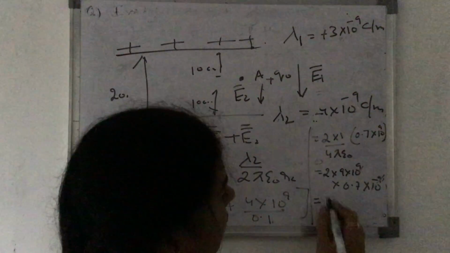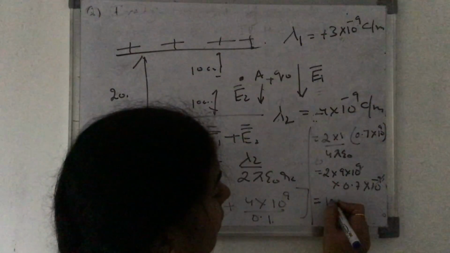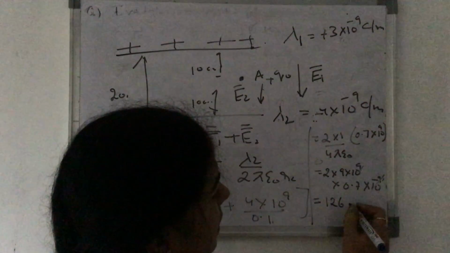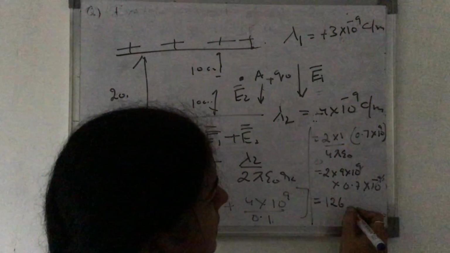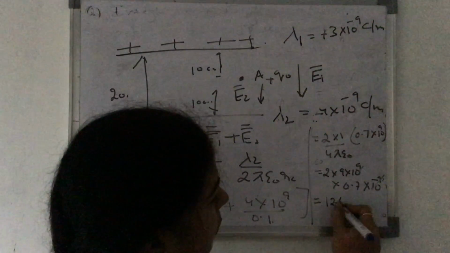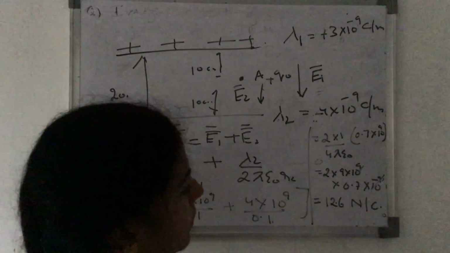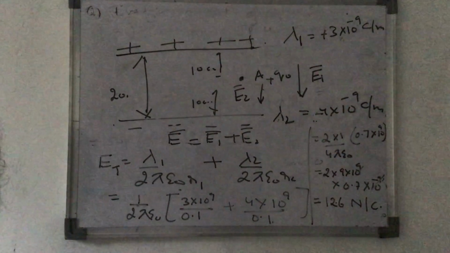Then I have 126. कितना आएगा? 12.6 न्यूटन पर कूलम. ओके.